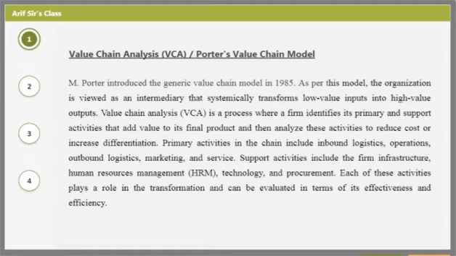The various primary activities in the chain include inbound logistics, operations, outbound logistics, marketing and service. The various support activities include the firm's infrastructure, human resource management, technology, and procurement. Each of these activities plays a role in the transformation and can be evaluated in terms of its effectiveness and efficiency.